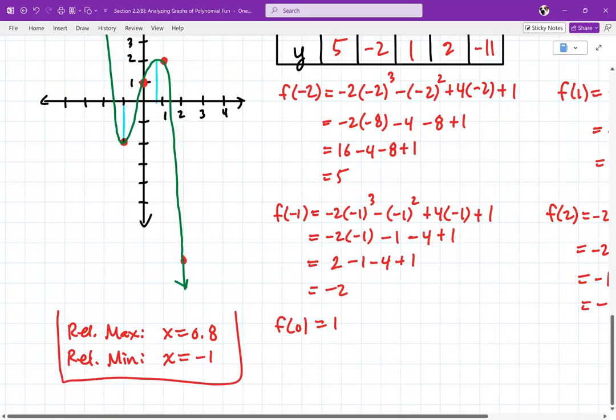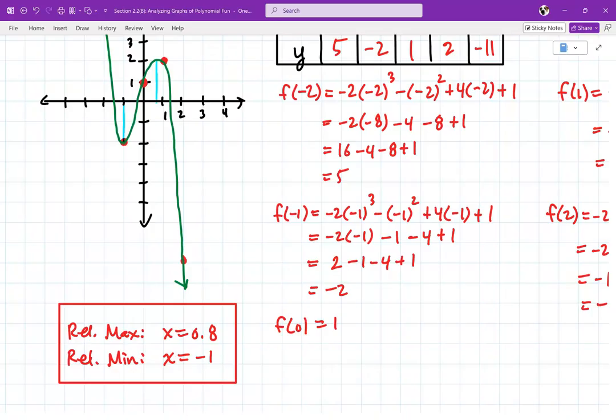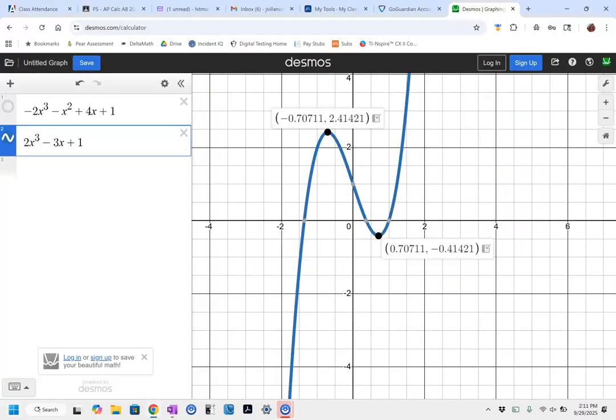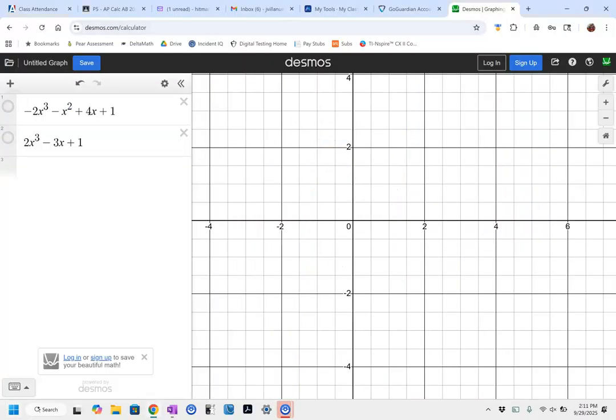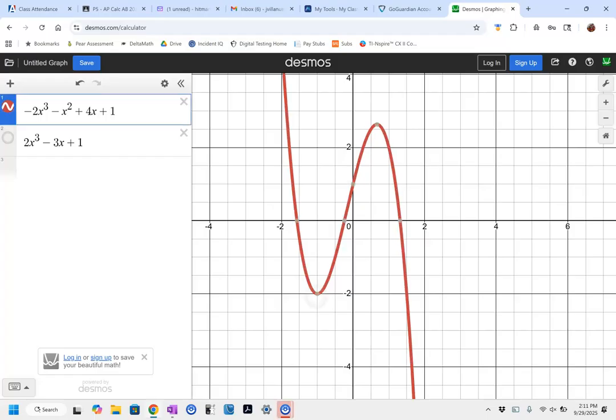So we'll see right now if I'm close. Again, my high point happens when x is 0.8, my low point when x is negative 1. Let's check this out. All right, let's see. According to this, my low point happened at negative 1. So I got that one, right?